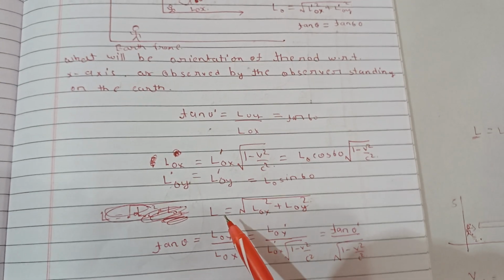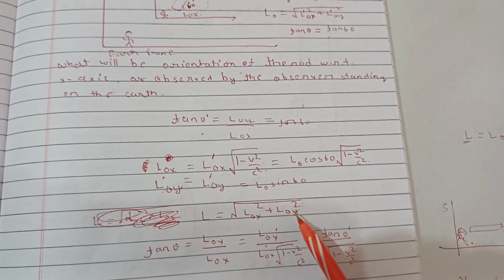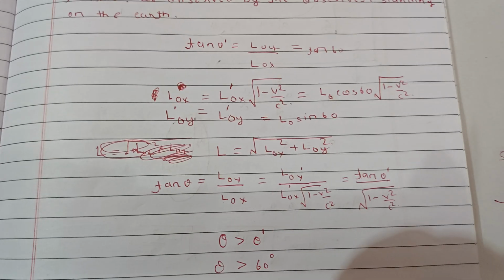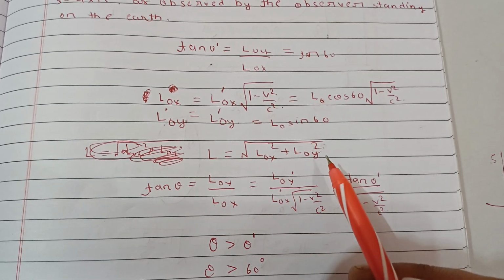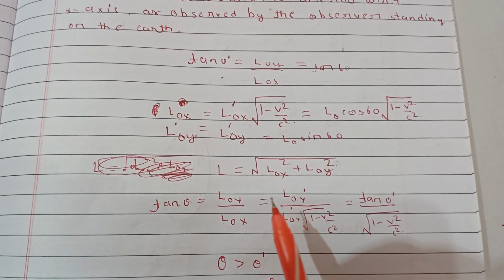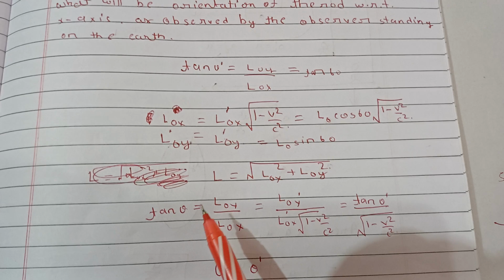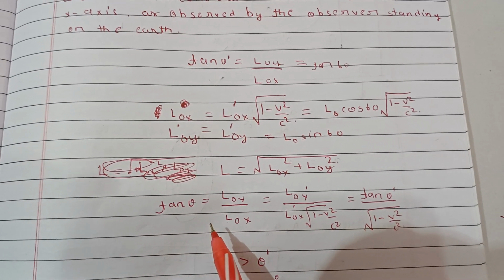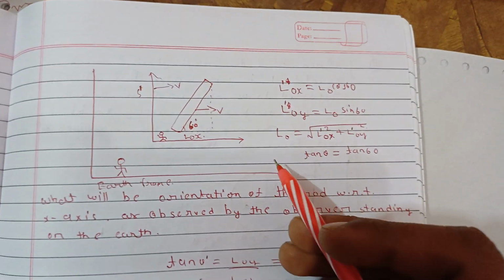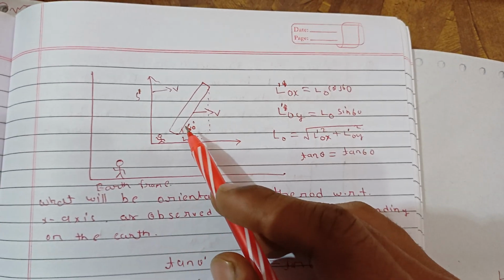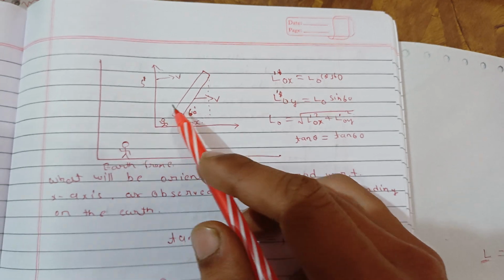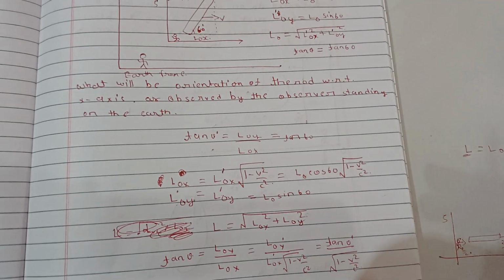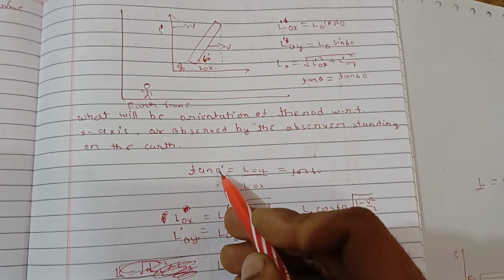Now the length will be given by the root of L ox square plus L oy square, so just add them. This will be the length. So we know now this is theta prime, sorry, theta prime was this, in S prime. Now we have to find the theta actually. So we have to remove this.